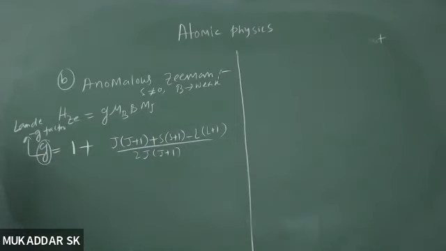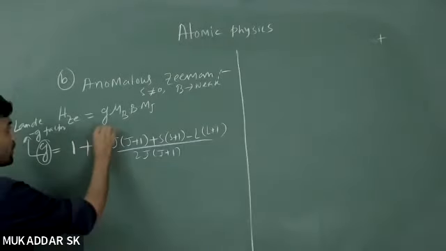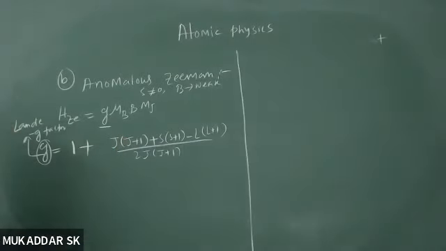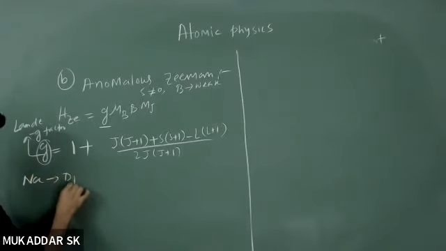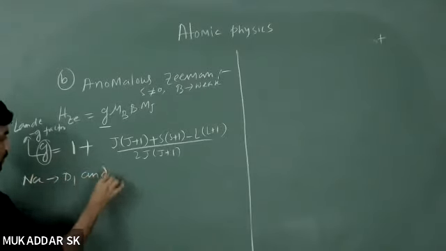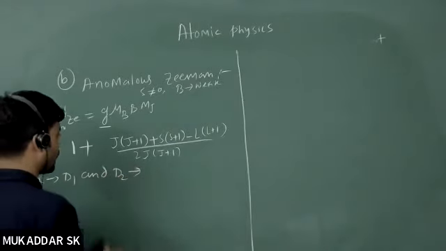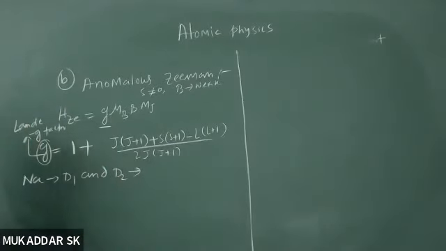Now I'll come to the sodium D1 and D2 lines, and we will understand the role of that g factor. So in the normal state, now we'll study the sodium D1 and D2 lines, which basically belong to the anomalous Zeeman effect.